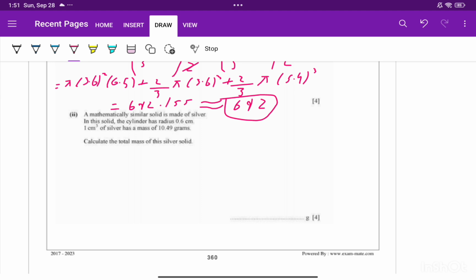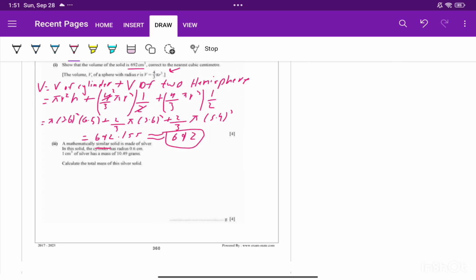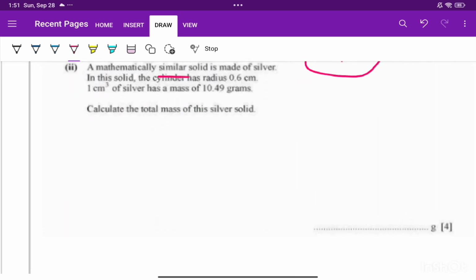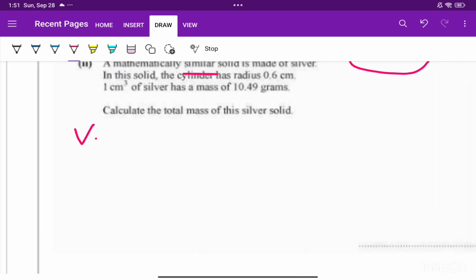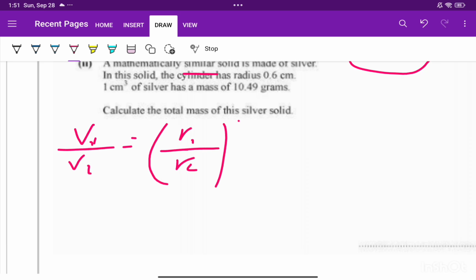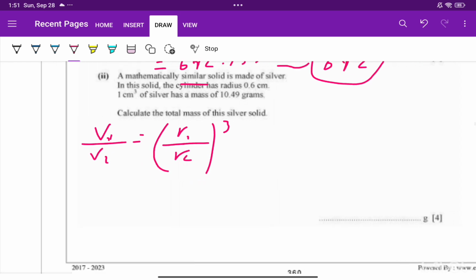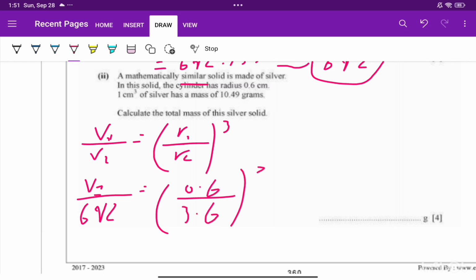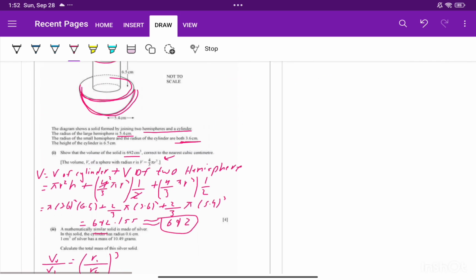So as both solids are similar, we did find volume 692. So we can write that because they are similar, volume 1 over volume 2 will be equal to (R1 upon R2) cube. So V1, which we don't know, over 692 equals V2. So radius R1 will be 0.6, over 3.6 cube.